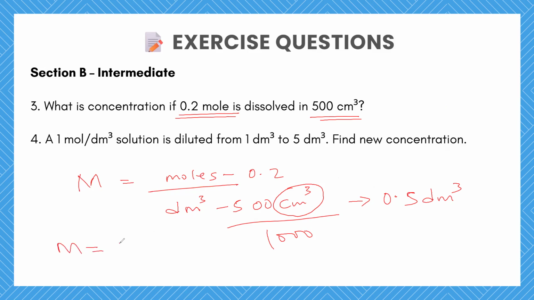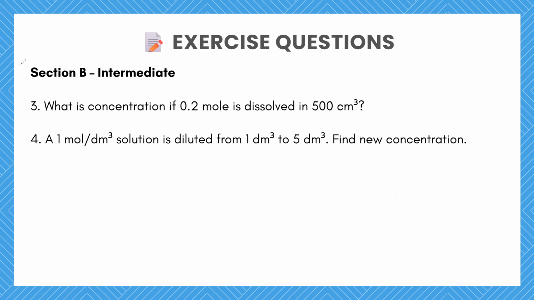Molarity becomes the moles, 0.2, divided by the volume in dm cube, 0.5. That gives us 0.4. Don't forget our units, 0.4 moles per dm cube. Easy peasy.